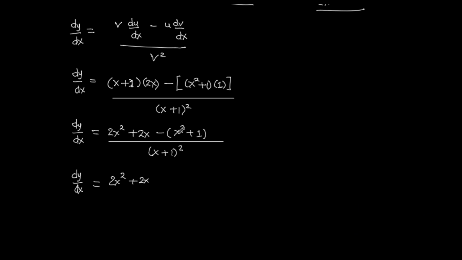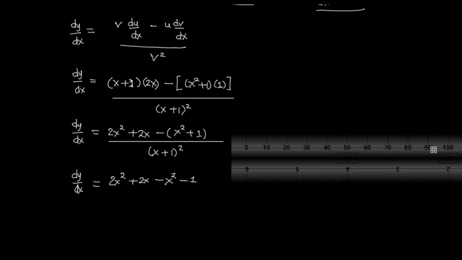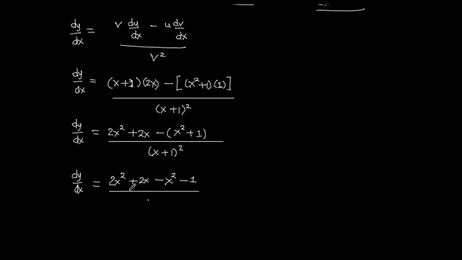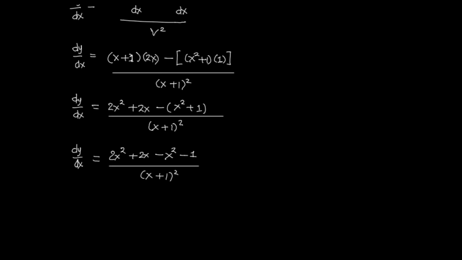Now negative times positive x squared, we get negative x squared, and then negative times positive 1, we get negative 1, and still divided by our denominator, which is (x plus 1) squared. So you can simplify the numerator here.